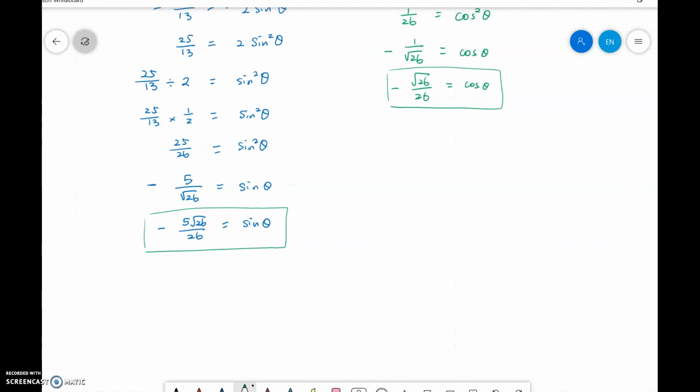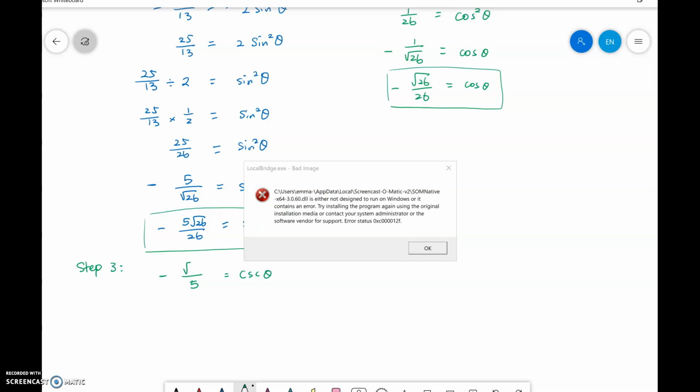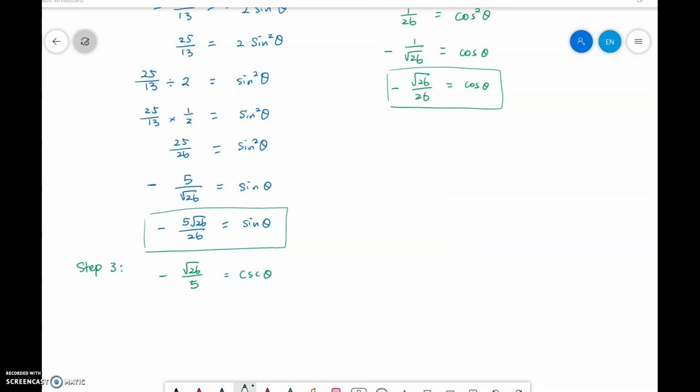I'm going to do step 3. Since I have the sine of theta, cosecant of theta will equal 1 over sine. Just to point out, the step I'm actually following is the pre-rationalized one, not the rationalized one.